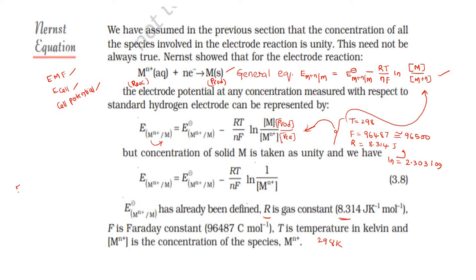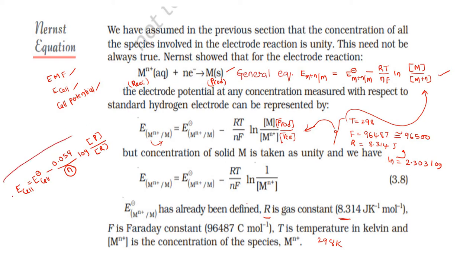E cell is equal to E naught cell minus 0.059 divided by n into log concentration of products by concentration of reactants. What is this n? Number of electrons involved in the reaction, isn't it? So this is the Nernst equation.